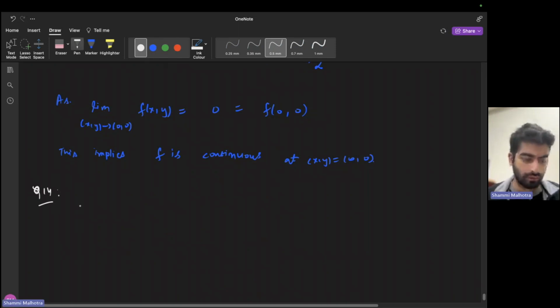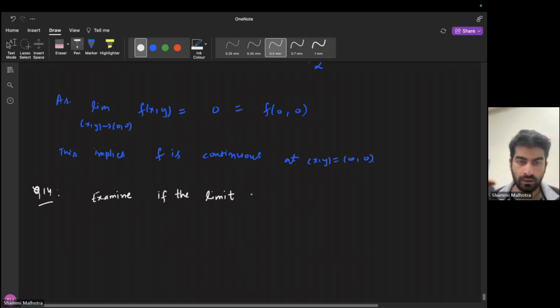Okay, so what we would like to do is examine whether the limit as (x, y) tends towards (0, 0) exists or not.